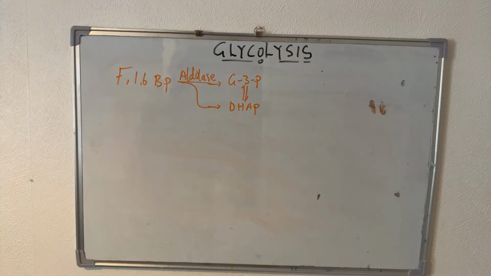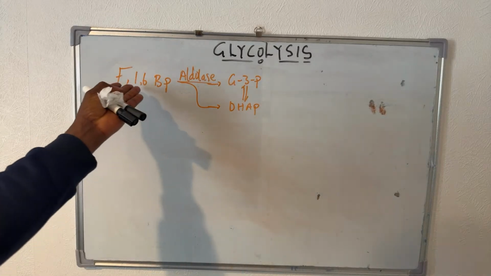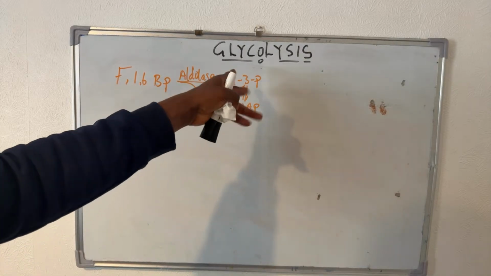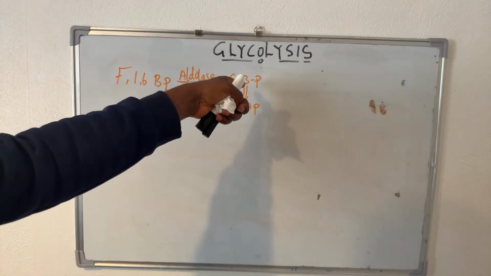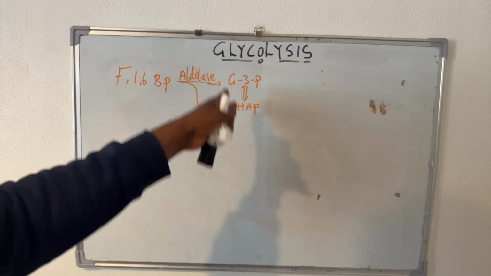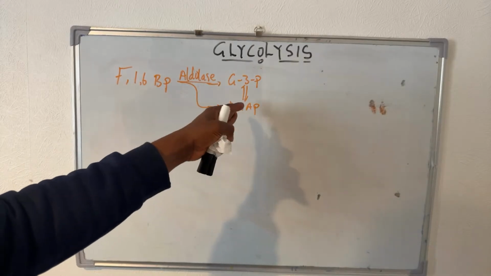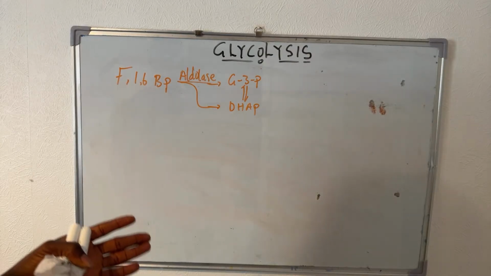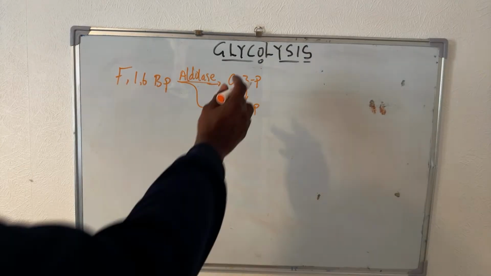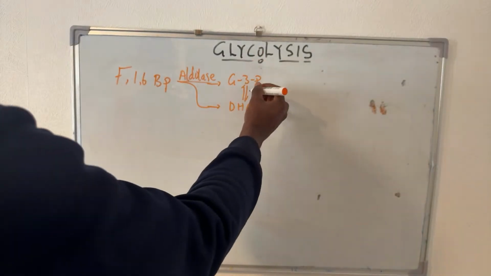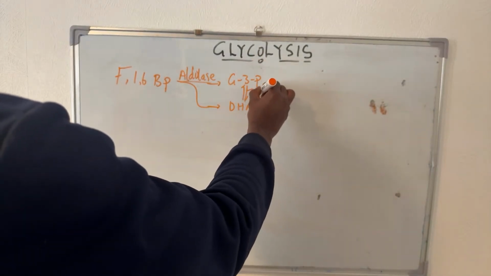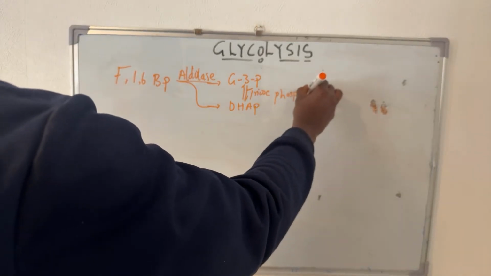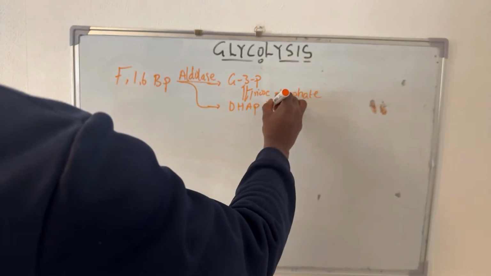So aldolase breaks up fructose 1,6-bisphosphate to form glyceraldehyde 3-phosphate, which can isomerize to dihydroxyacetone phosphate, DHAP. And this enzyme here is triose phosphate isomerase.